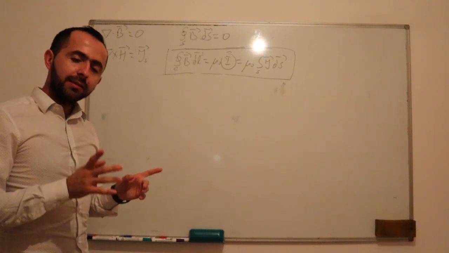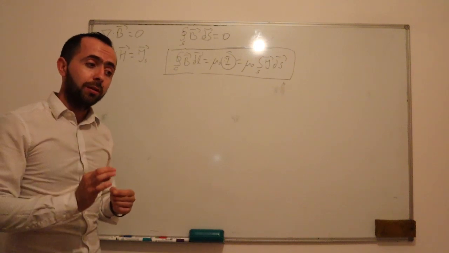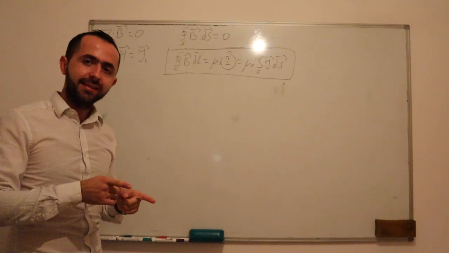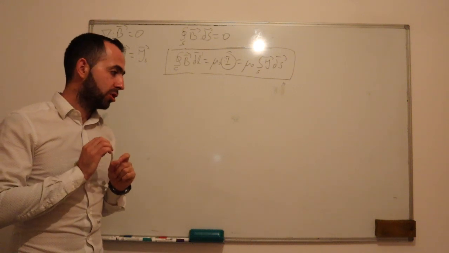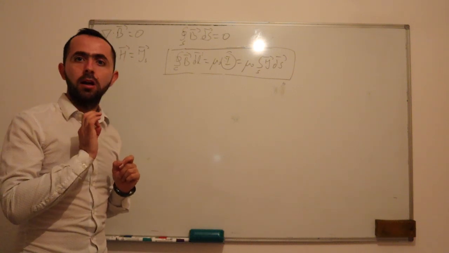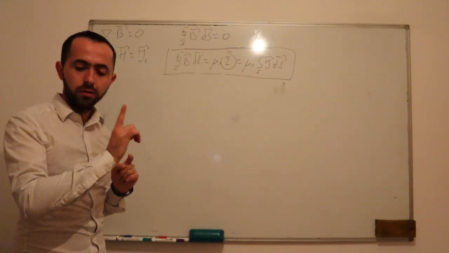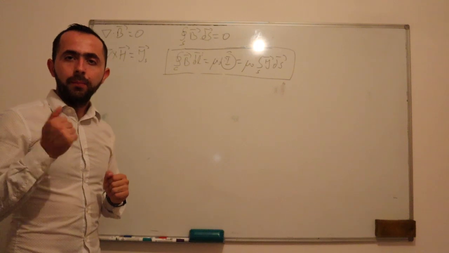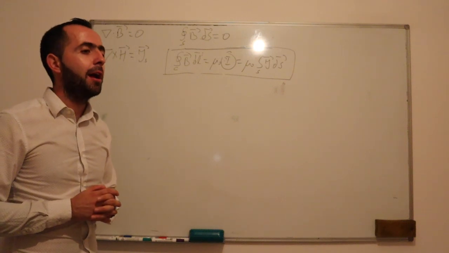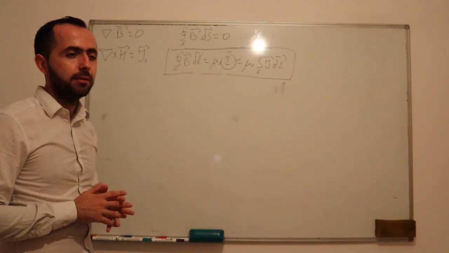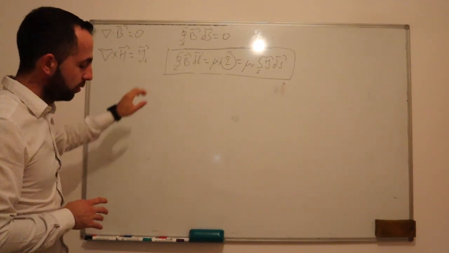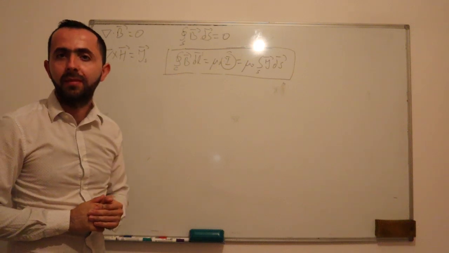In this video we will analyze only DC currents: constant, direct currents that don't change their polarity. The basic equations which describe magnetism with DC currents are written on the table.